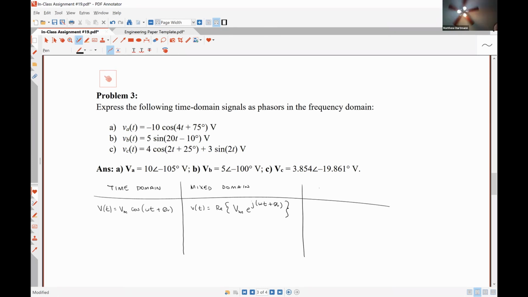Or we can work fully in the frequency domain with phasors. And a phasor is just a shorthand notation for the mixed domain, where we've suppressed our frequency component. So in the frequency domain, we will have a phasor voltage V that is simply the magnitude, angle, the phase angle.